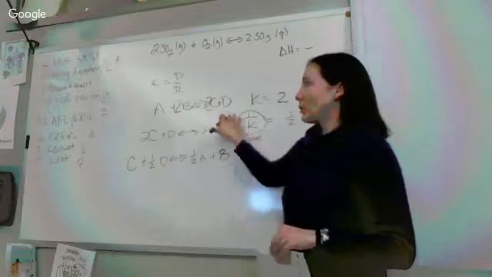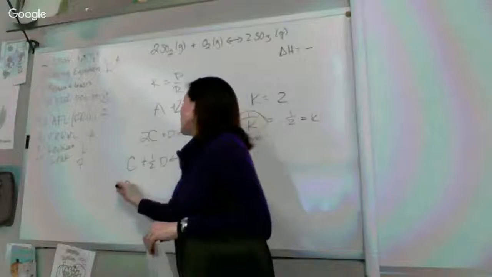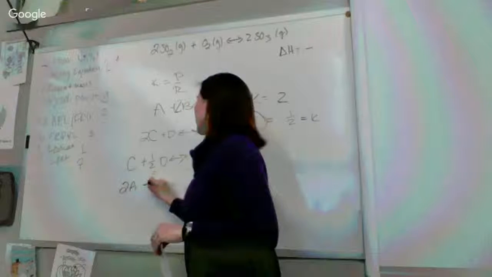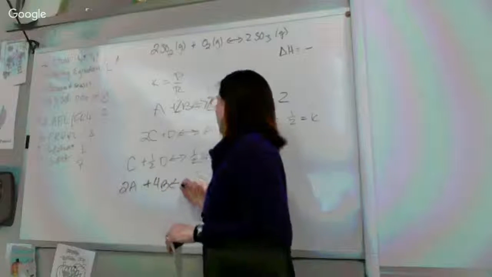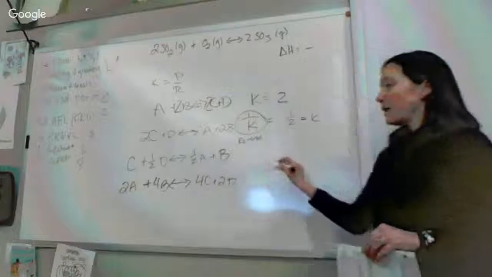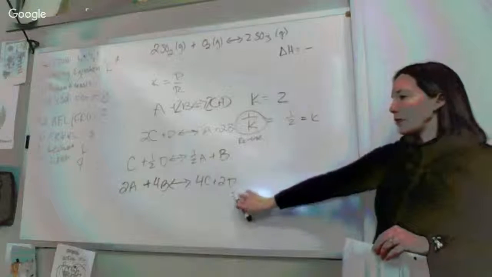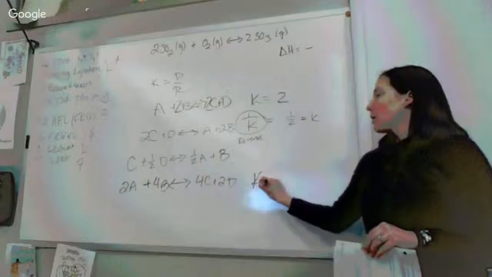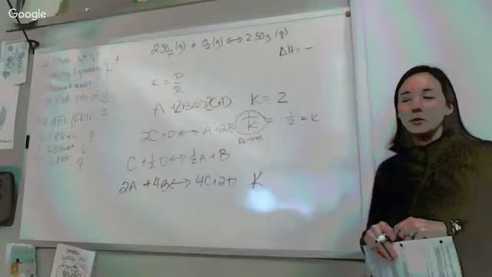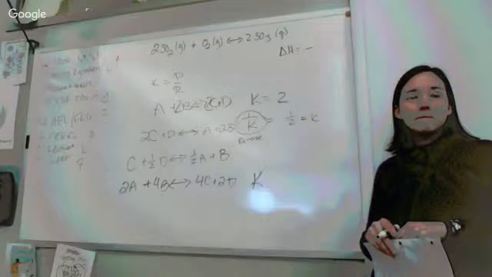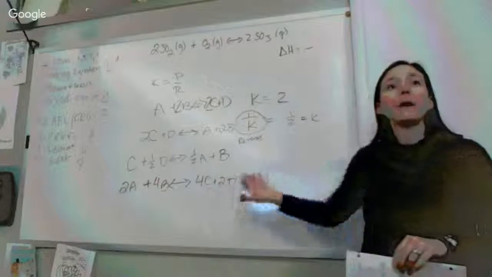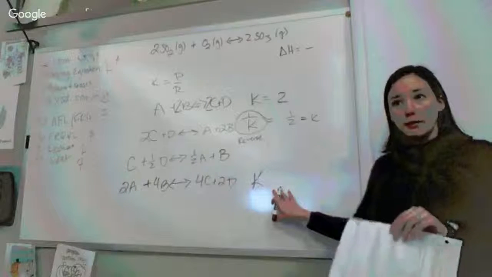You could also go through and double it. So let's say we had 2 A's, and I'm going to do this opposite reaction, 4B, 4C plus 2D. Now, since I've changed my coefficients, where are the coefficients seen in the equilibrium expression? They are exponents. So whatever I did to the equation becomes the exponent of my K value.